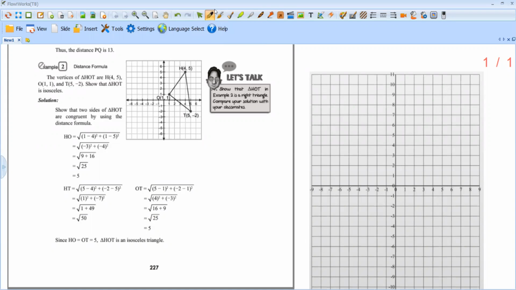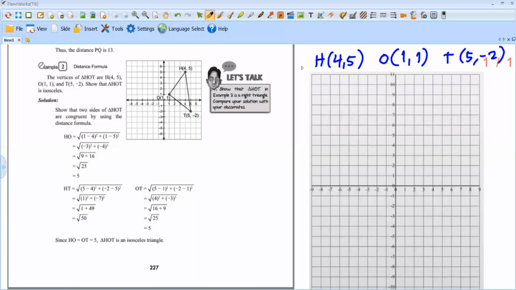So let us try to identify the distances of each 2 points. H is 4, 5. The second is O at 1, 1, and T is 5, -2.